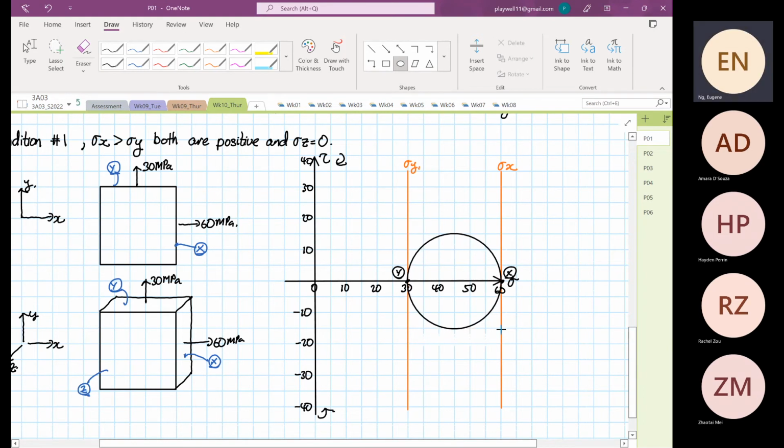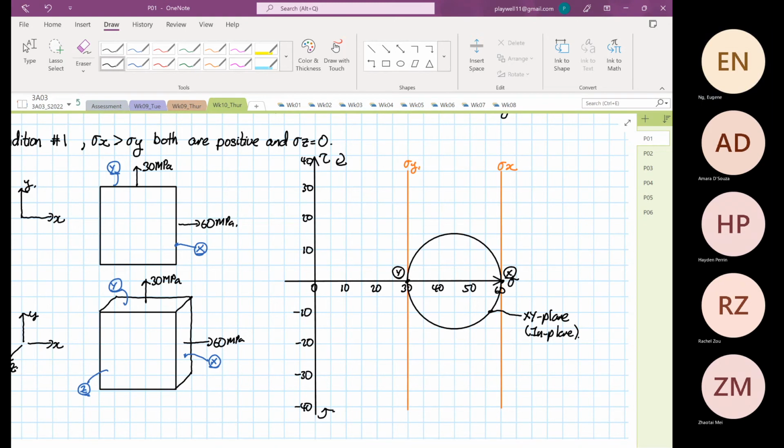So this is just constructing the 2D Mohr circle. And this belongs to our X, Y plane. This is our in plane. Okay, that's our in plane. So if you use 2D Mohr circle, right, when you calculate your maximum shear stress, you will have this value.